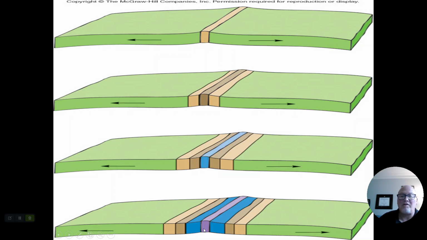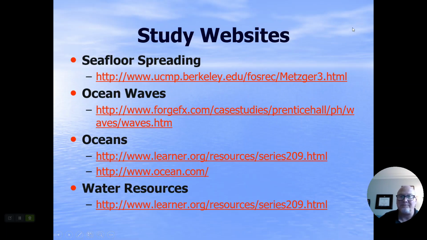That layer moves apart and a new layer forms between it. That layer moves apart and a new layer forms between it. You can see this tan would match this tan, this brown would match this brown when we look at not only the magnetic patterns, and the blue matches the blue, so we can see what's going on there.